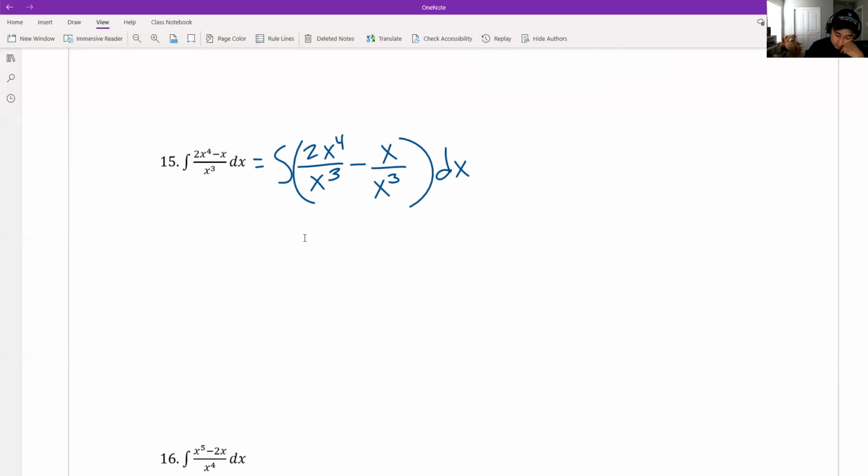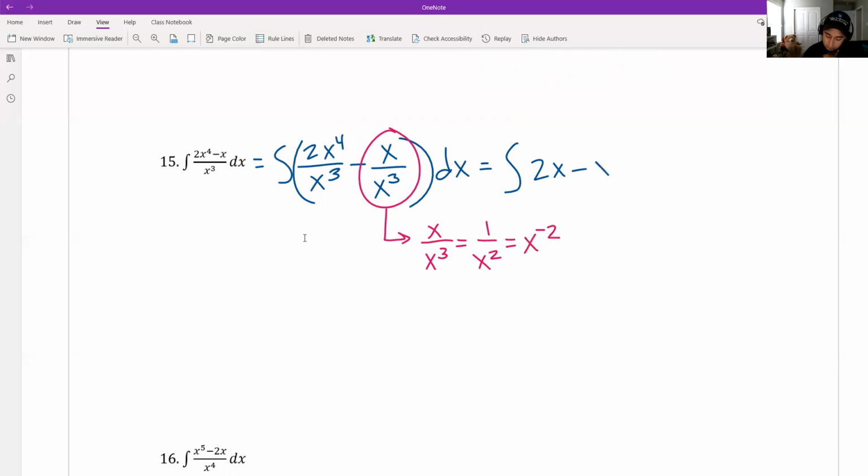This will become the integral of 2x to the 4th over x cubed, that just becomes 2x, minus x over x cubed, which becomes 1 over x squared, or x to the negative 2. So that's what goes here. x to the negative 2 dx.